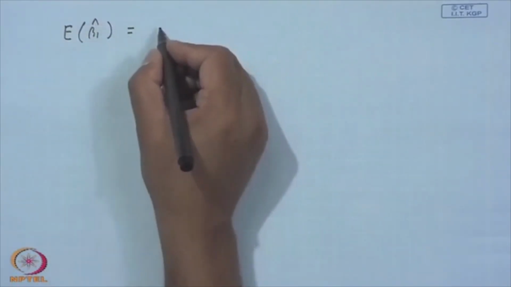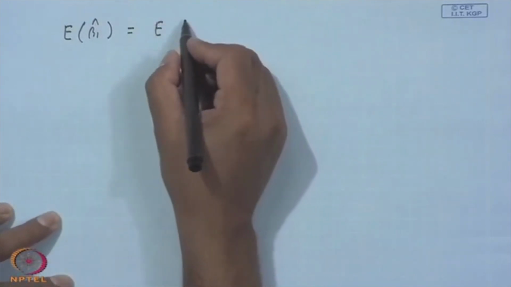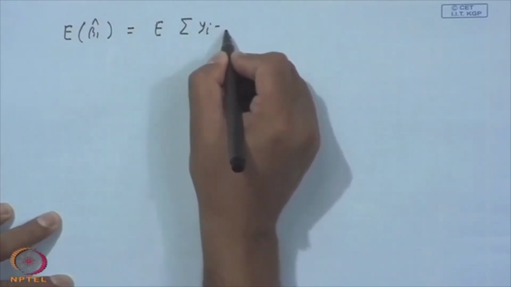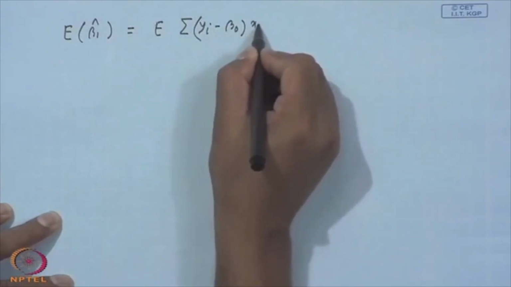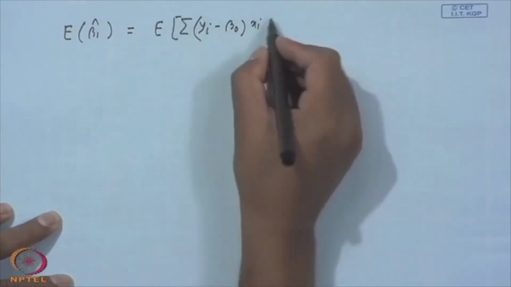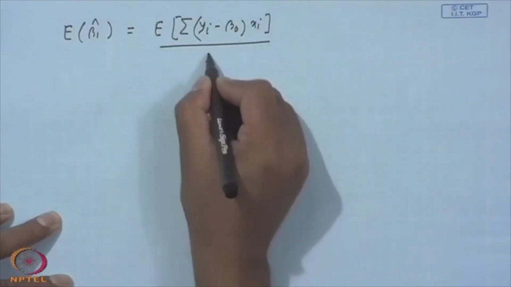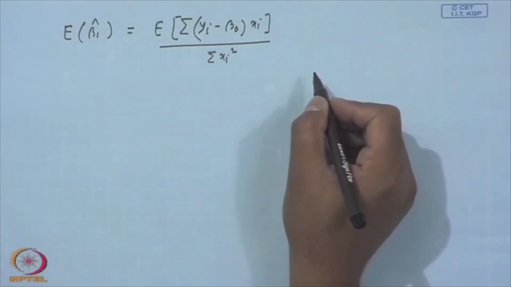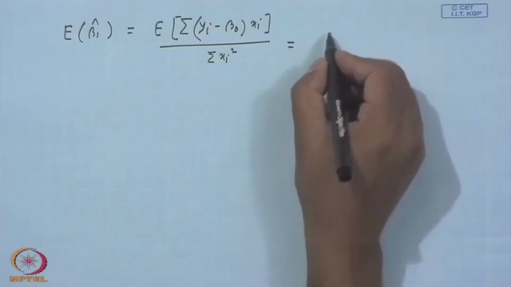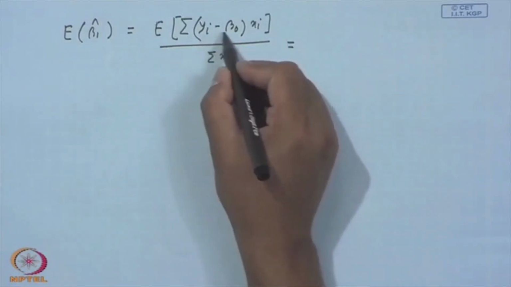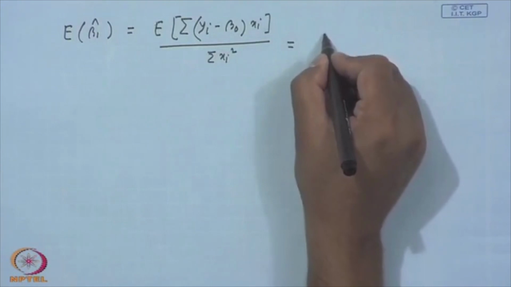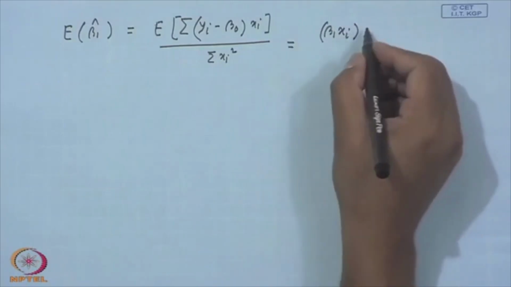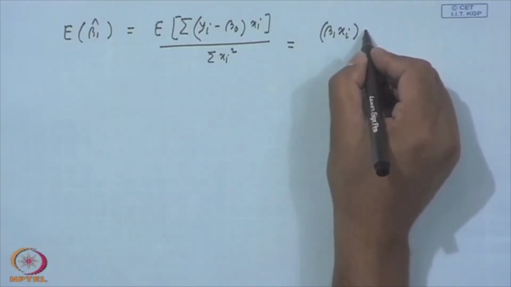That is nothing but expectation of summation y i minus beta naught, times x i, over summation x i square, and this one is equal to, y i minus beta naught is nothing but beta 1 x i, right, from the model you get, into x i.